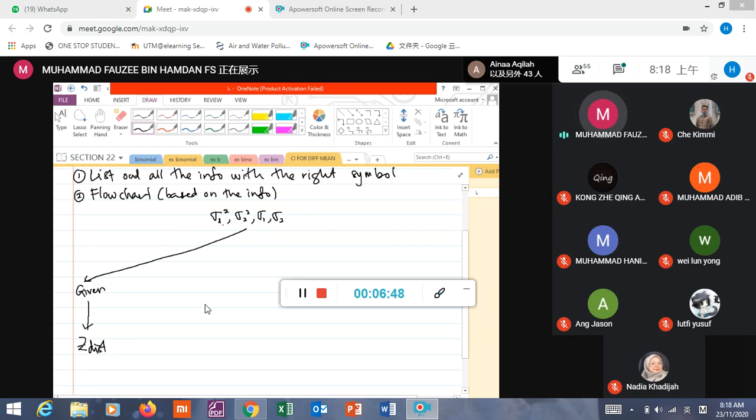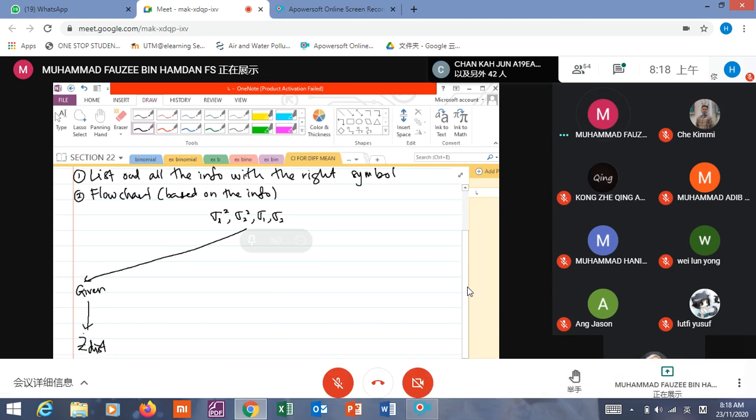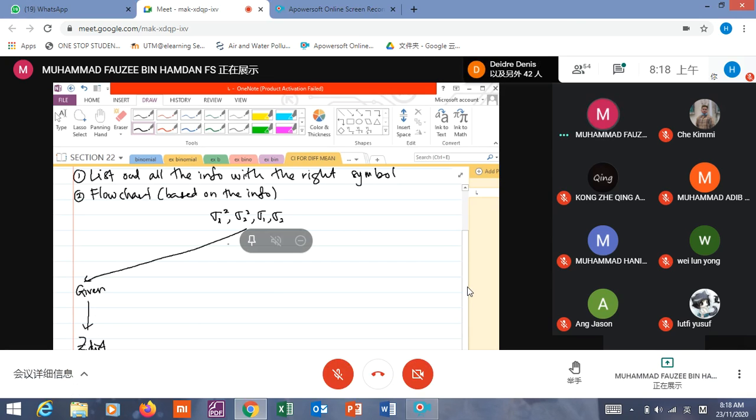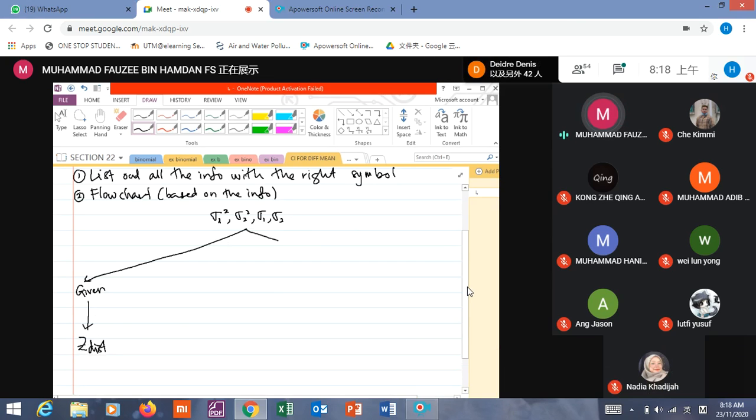Given means you know the population variance for both groups, sigma 1 squared and sigma 2 squared, or in the form of population standard deviation, sigma 1, sigma 2. If given, we can directly use the Z distribution.